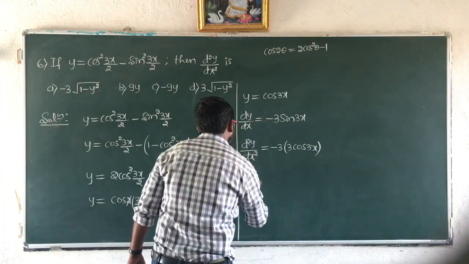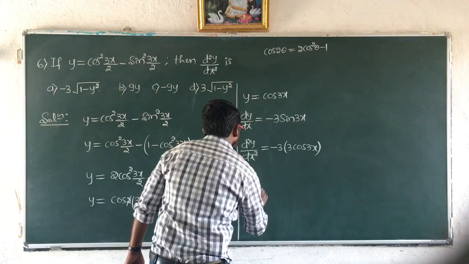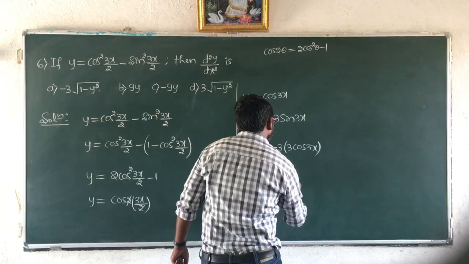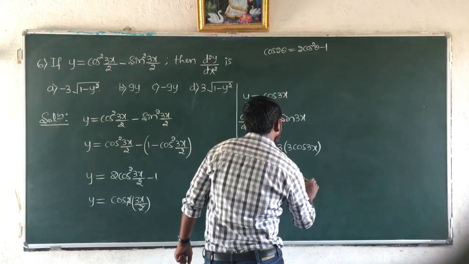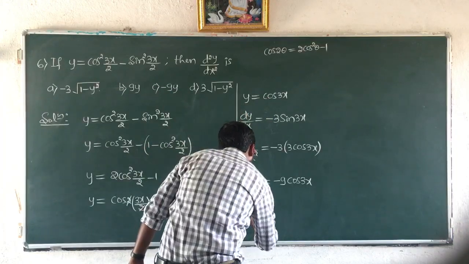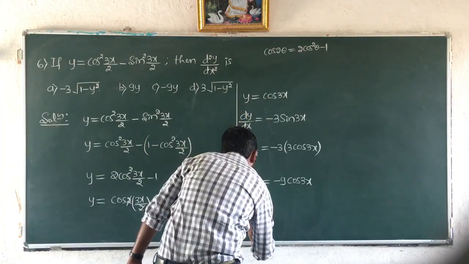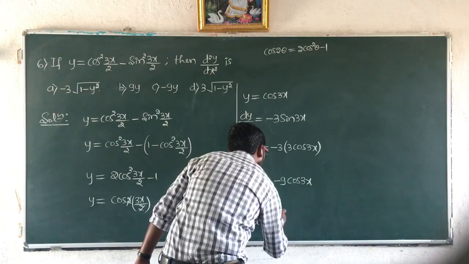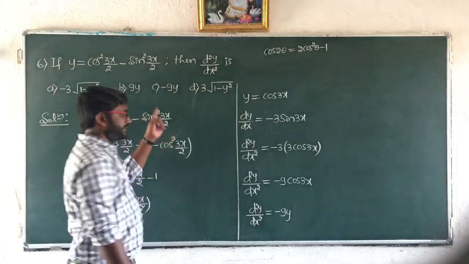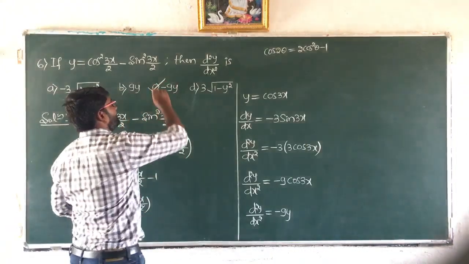So d square y by dx square, which is equal to, so minus 3 into 3, it is minus 9 into cos 3x. So what is cos 3x now? It is y. So we get d square y by dx square, which is equal to minus 9 into y. So it is the option C.